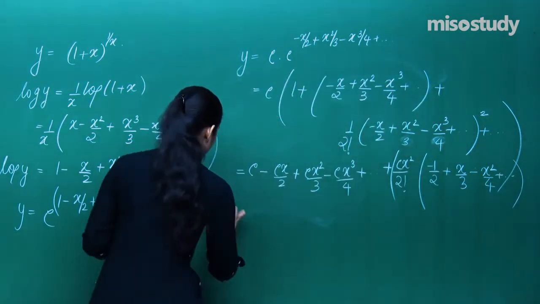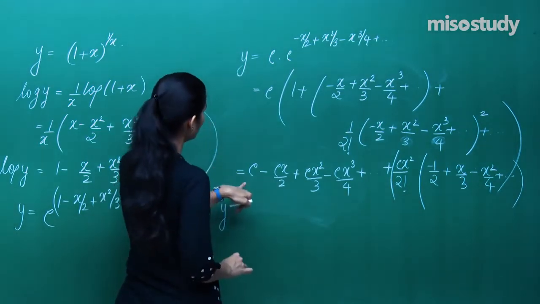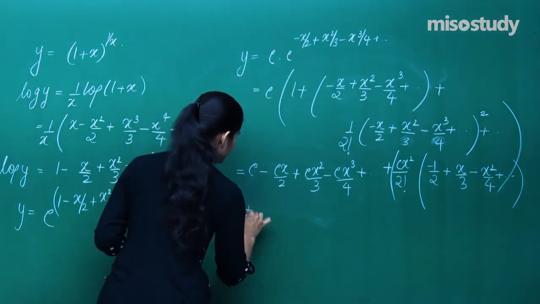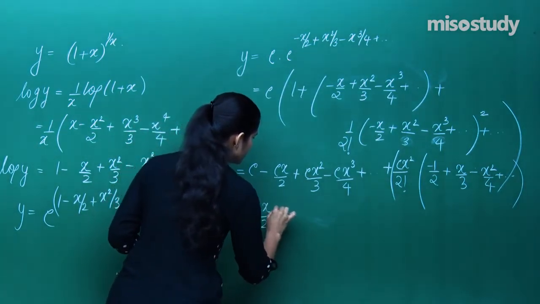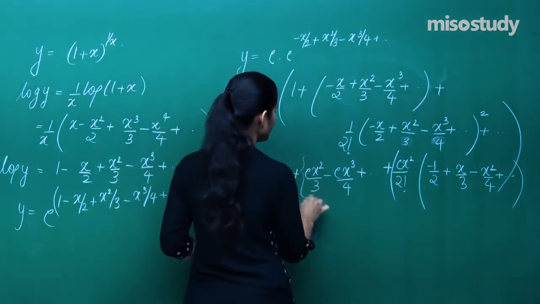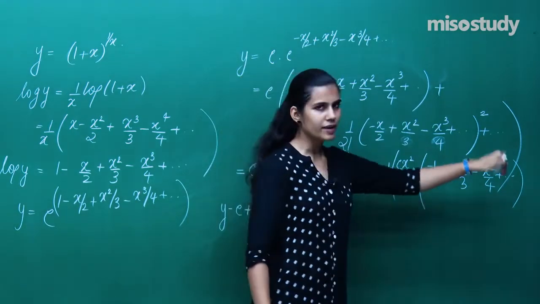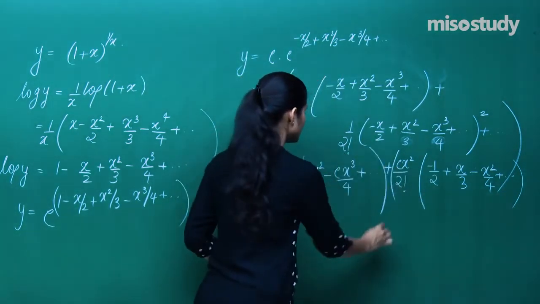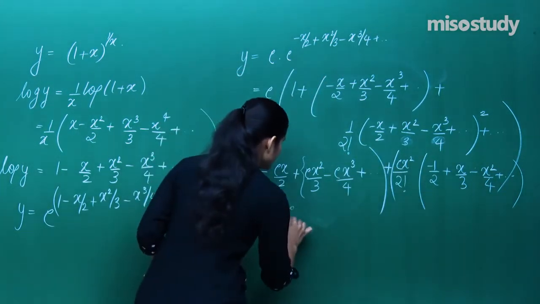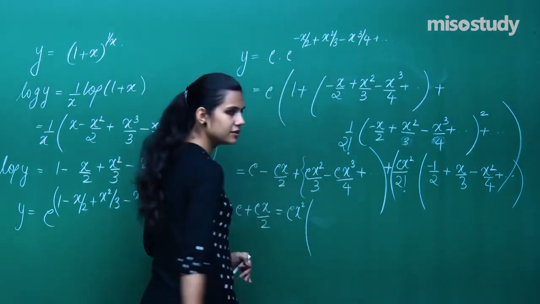Now you can see I can write this as y minus e plus ex by 2 equals, from here you are left with ex square by 3 and so on, then again ex square by 2 factorial into all of this. So I can see that ex square is coming out common.